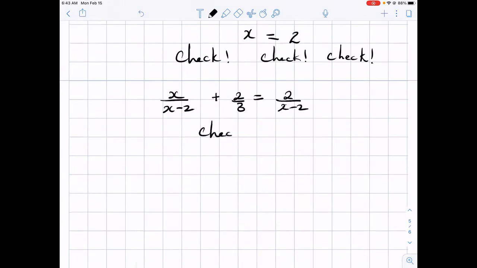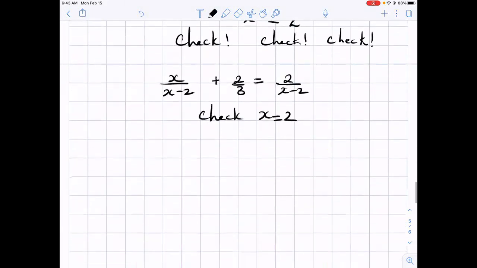And we want to check x equals 2. Okay. Now notice what happens. If you replace x with 2, the denominator becomes 0.